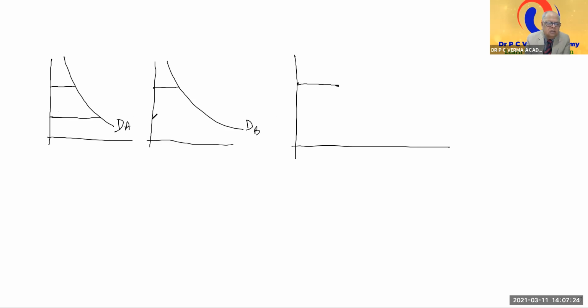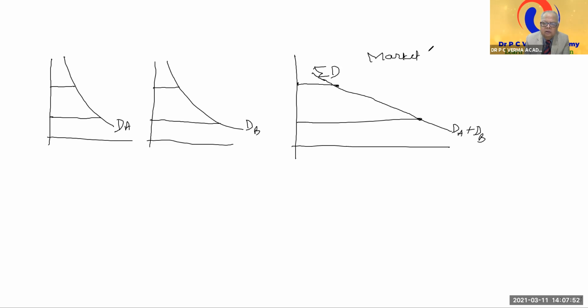This is dA plus dB. This is called sigma demand. This is called market demand. Market demand curve.